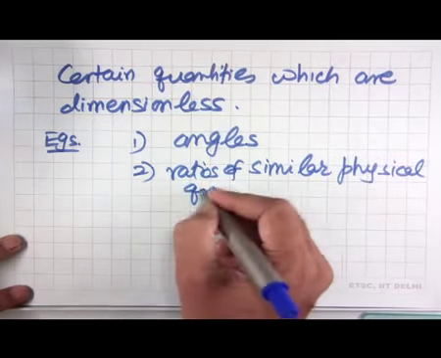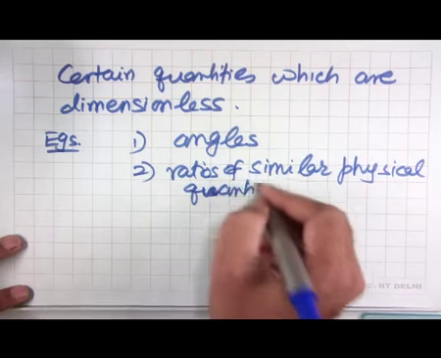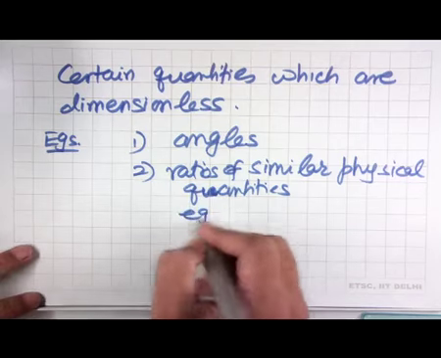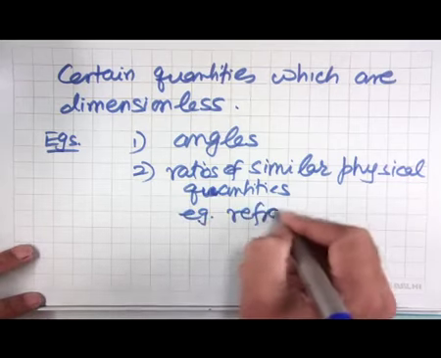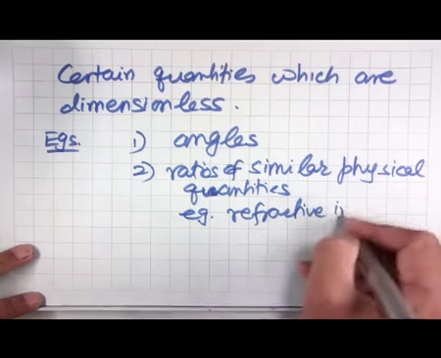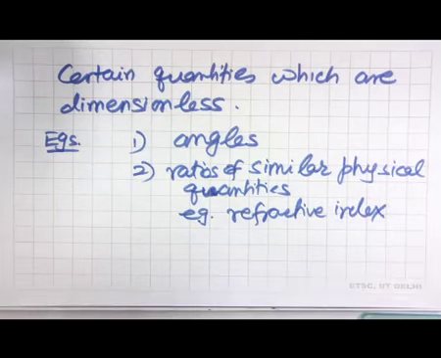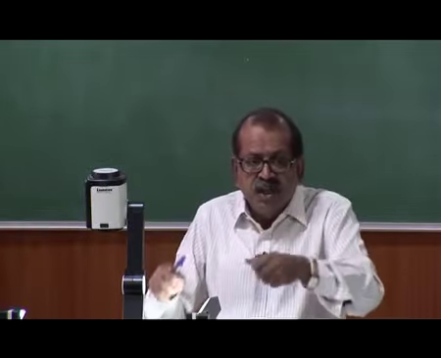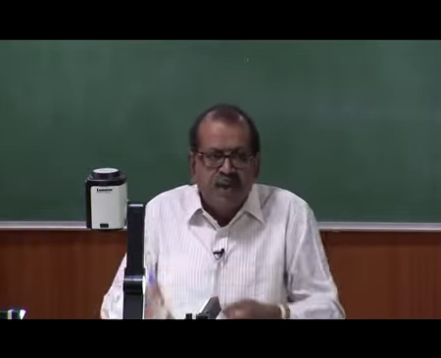If you divide one quantity by another which has the same dimensions, the resulting quantity will be dimensionless. An example of this is the refractive index. The refractive index, when you calculate it, is dimensionless because it is the ratio of the distance travelled by light in two different media.